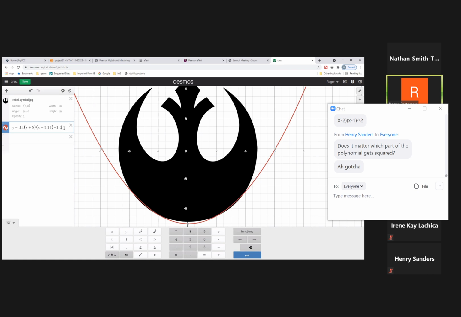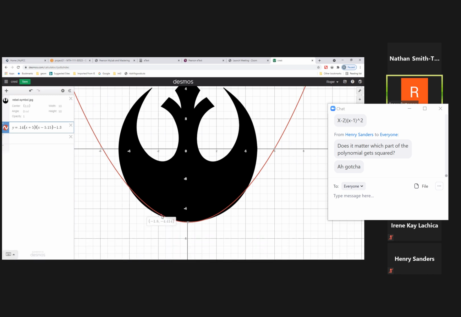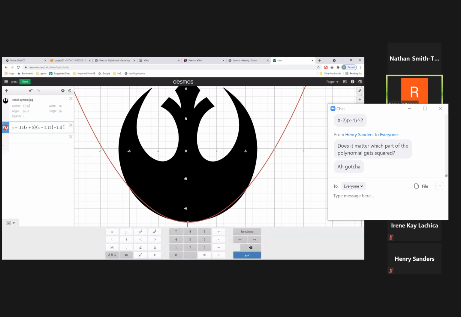And maybe drop this down to 3. Ooh, that looks pretty good. Fits it pretty good right about there and right about there. So I'd say about 1.9 on both sides. So what I'm going to do then is tell it to only graph a certain portion.